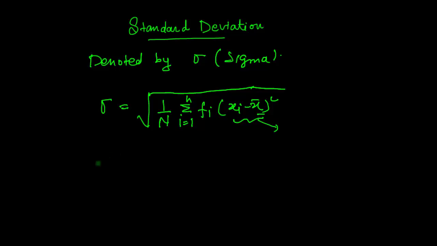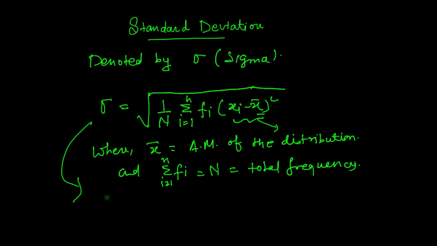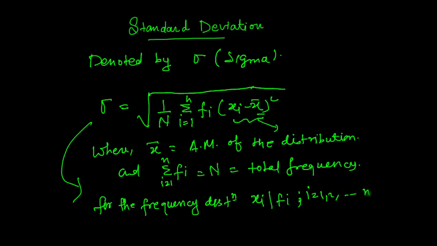So you can write, where x bar is the arithmetic mean of the given distribution, and summation over fi, where i is going from 1 to n, is equal to capital N, that is the total frequency. So this expression is for the frequency distribution xi, fi, where i is going from 1 to n.